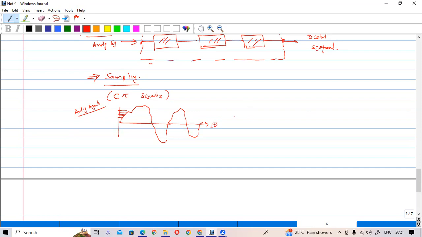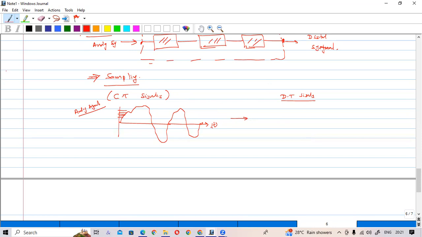Before we convert this signal to a digital signal, first we have to convert it into a discrete time signal. That is the first step of the ADC, converting a continuous time signal into a discrete time signal.